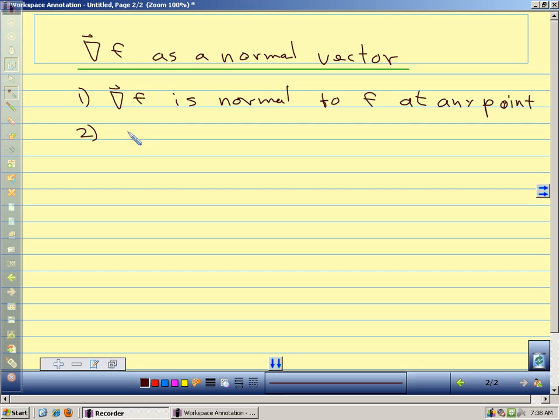Two, we can use del f to find our tangent plane. The plane normal to del f is the tangent plane to our surface at that point.